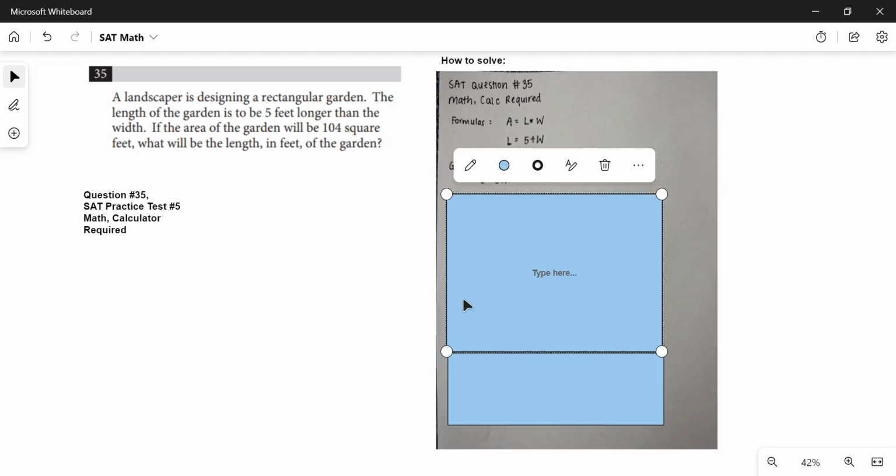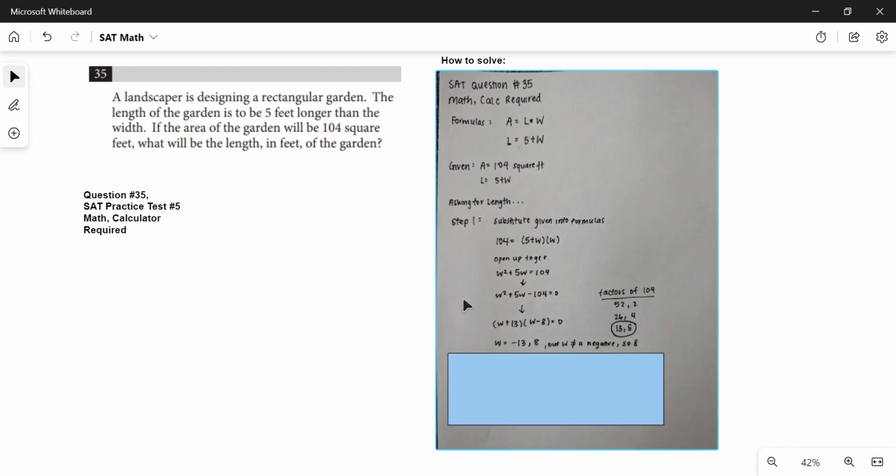So let's take a look at this in a more algebraic way. This seems like a lot, but we're going to take it a little bit slower. You know length is equal to 5 plus the width, and you know that the other component of the area function is just the width.